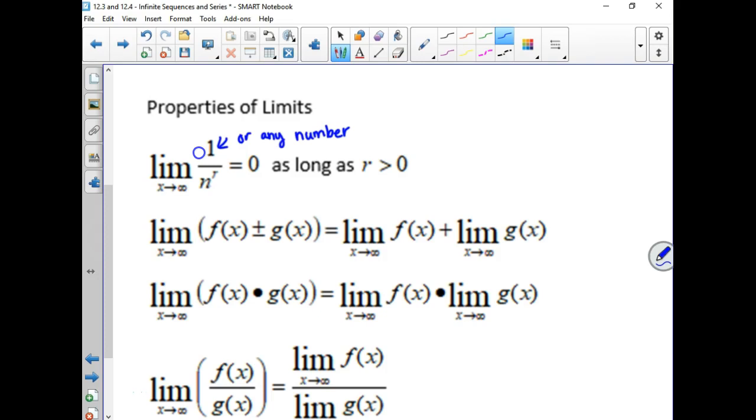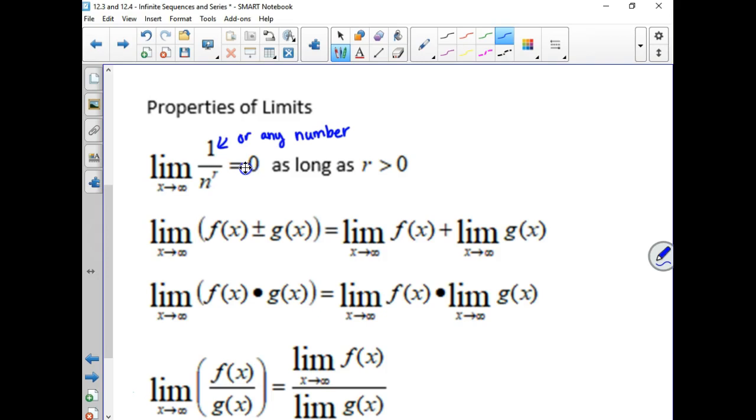So if you have any number over a variable raised to any power, it could just be 1 over x, but it could be 1 over x squared, or it could be 25,000 over x to the 17th. Any of that is always going to approach 0, because that fraction is going to get smaller and smaller. So x's in your denominator make that limit become 0.